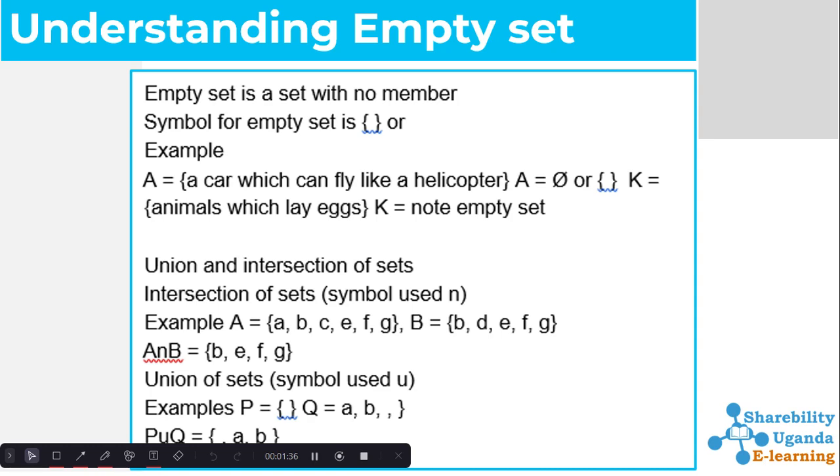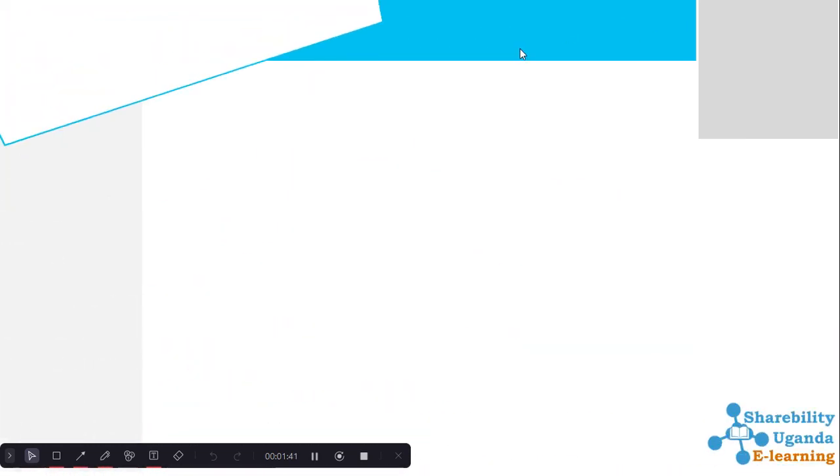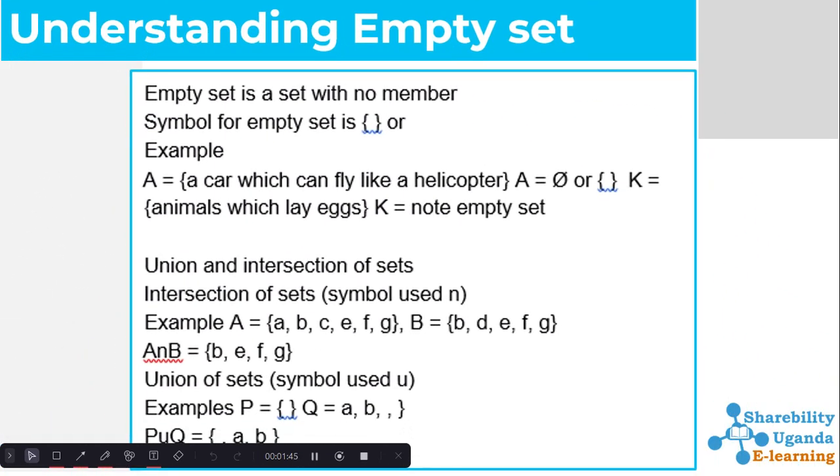So we are going to look at empty sets. This is a continuation of our topic. Here we need to understand, when we talk about empty sets, what are we really meaning? From the word empty, as simple as that, it means there is nothing within it.